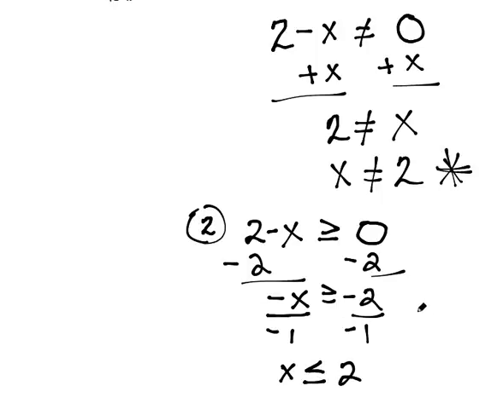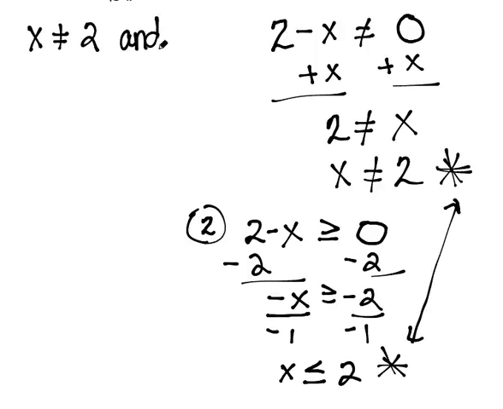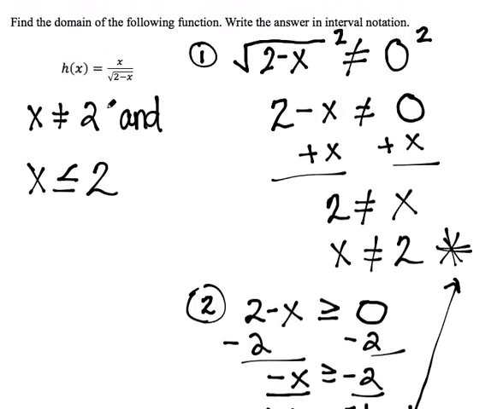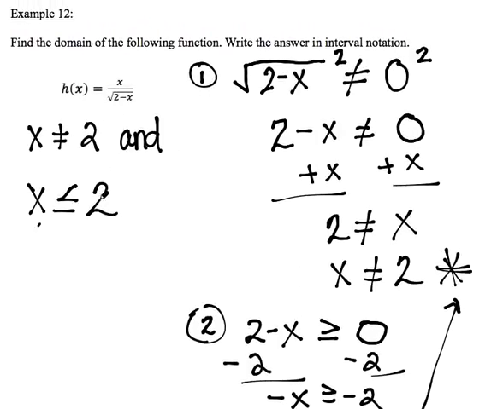So I have these two pieces that I need to put together to create the domain. So I'm going to write them up here. I have x cannot equal 2, and at the same time, x has to be less than or equal to 2. So let's think about what that's telling us. One of them is saying x cannot equal 2, and the other one is saying that x has to be less than or equal to 2.